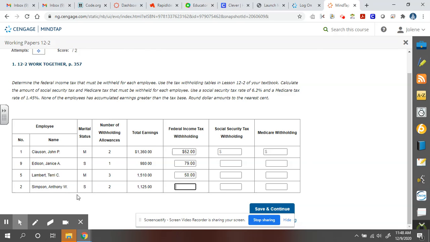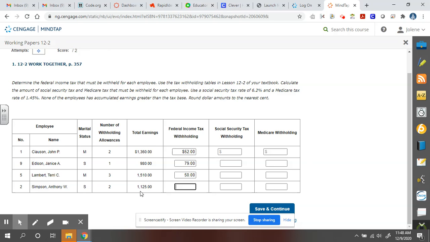The next one is Anthony. He's single, so I got to go to the single chart. Anthony made $1,125. And so the range that I have to look at for Anthony is the income range of $1,120 to $1,140.